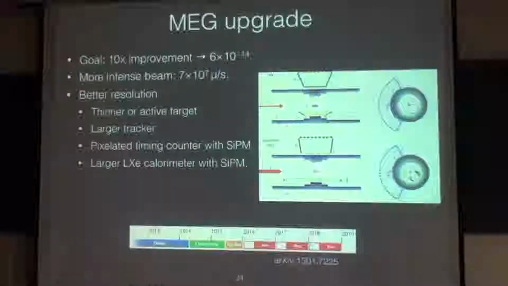They need a thinner target, a larger tracker, and also a larger calorimeter to get better coverage, a faster calorimeter, and more sensitivity to the spatial resolution. Their timing is maybe in a few years; they could start by the end of the decade, and if all goes well, they would have this kind of sensitivity.